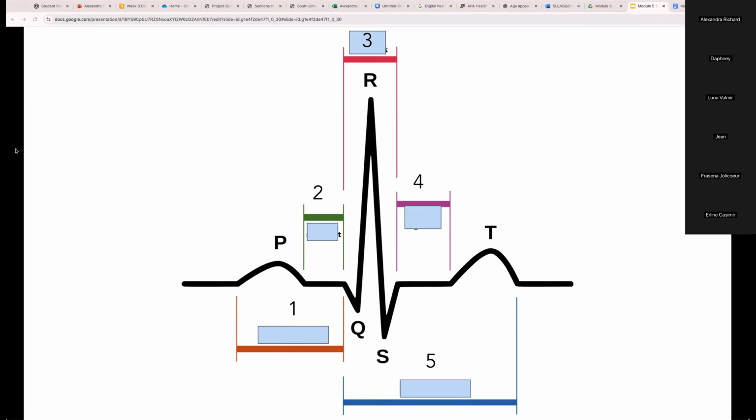Okay, so on the screen here, number one, it's not pointing at the P wave. But what do we call the portion of the EKG waveform from the beginning of the P wave to the beginning of the QRS? And we measure that time to see how long it takes the atria to communicate with the ventricles.